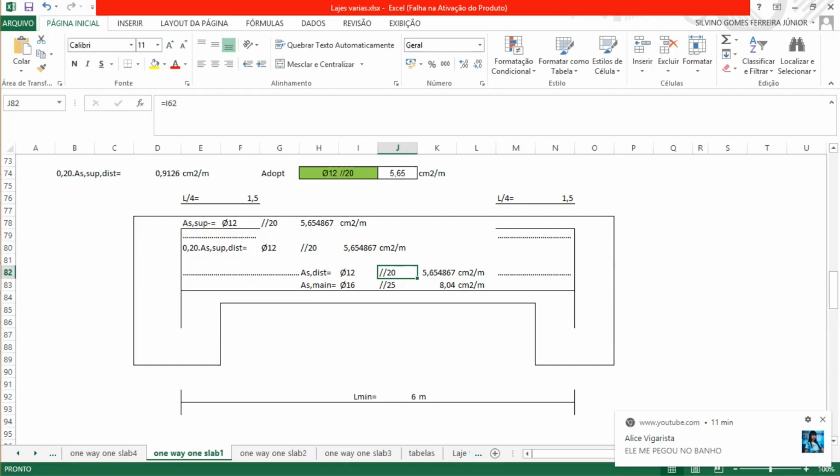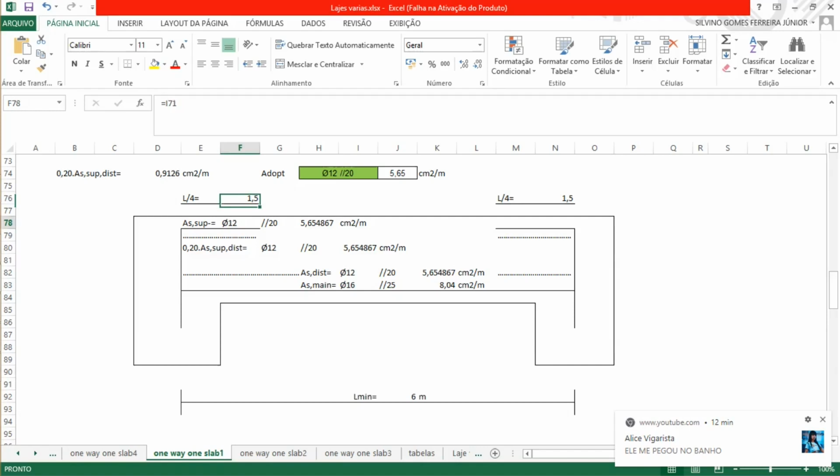On both sides of the support, on the length L, in this case the shorter one, 6 meters divided by 4, that gives 1.5 meters. It will be from there passing to the center of the support and passing more, then making a turn.